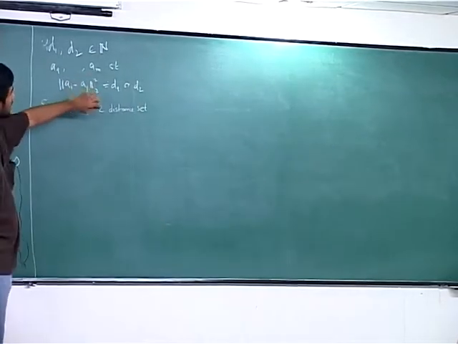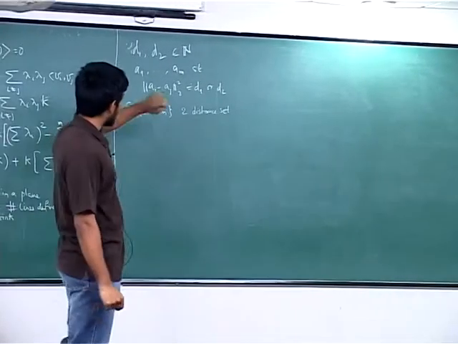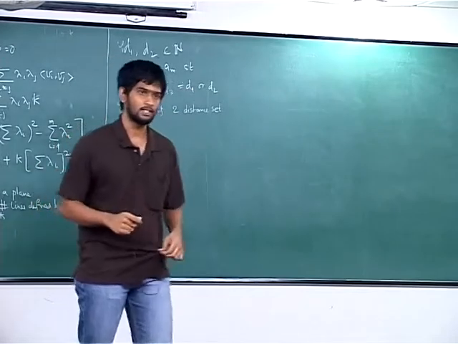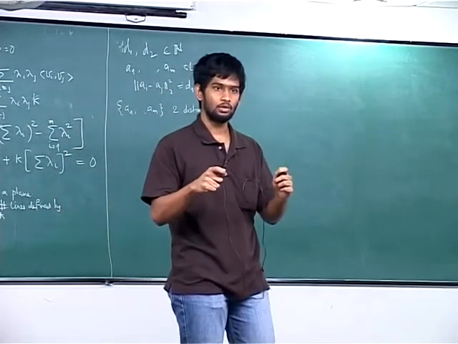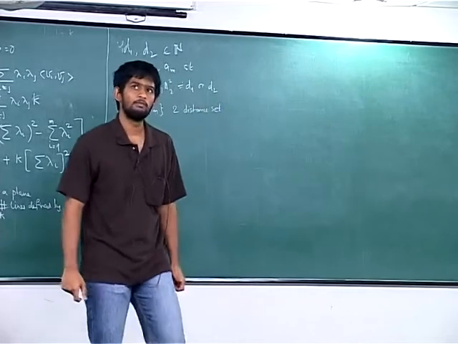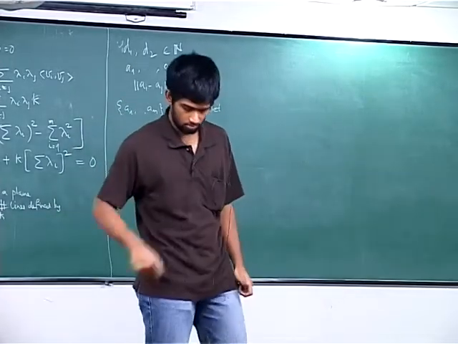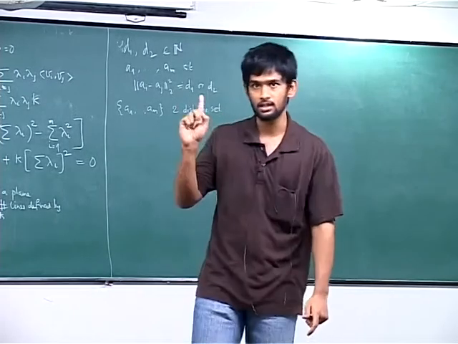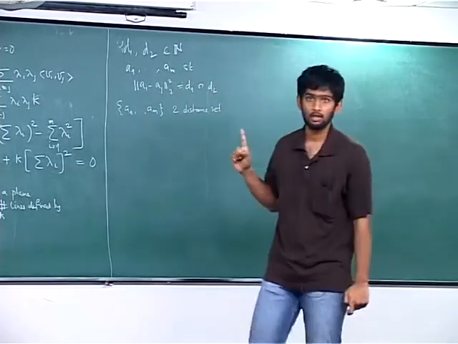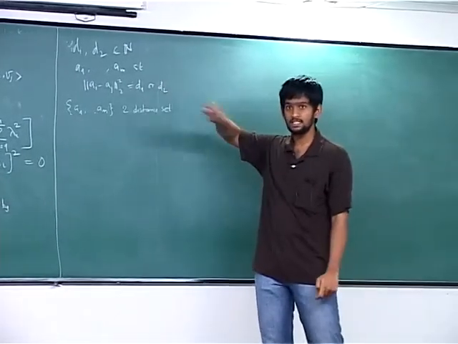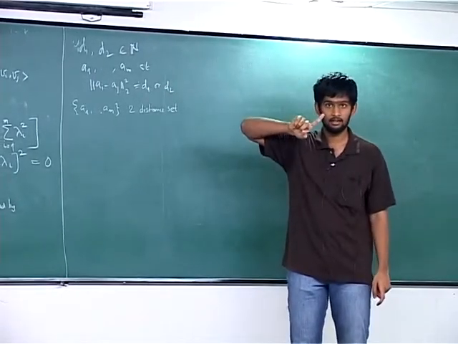So I'll slightly change this question. I don't want two values, I want just one value. I want a set of m points such that any two points have the same distance. For 4 you have a tetrahedron. Just take one. No, I'm saying a 2 distance set or just a 1 distance set? 1 distance.